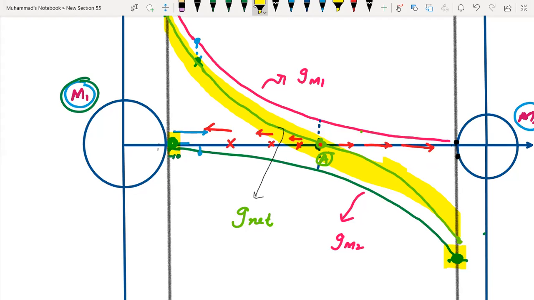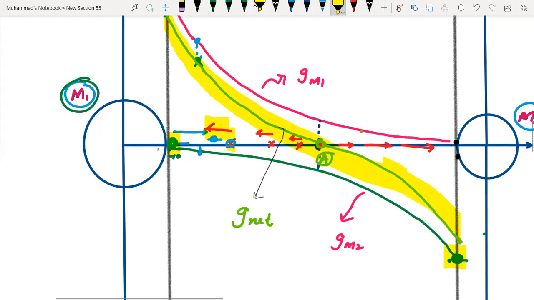Why? The direction of net force or net gravitational field strength is towards the left. So without providing the speed or energy, it can't move up. If we leave any object somewhere here, it will go in that direction, towards the net force. But if we provide some energy or speed, then it will move up.